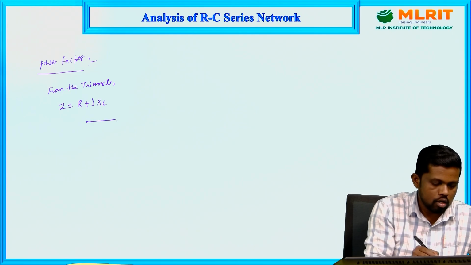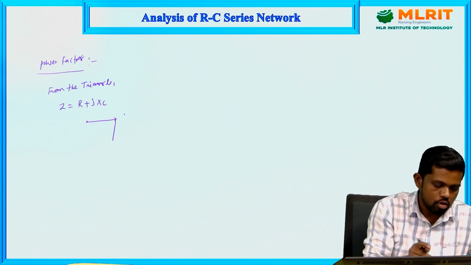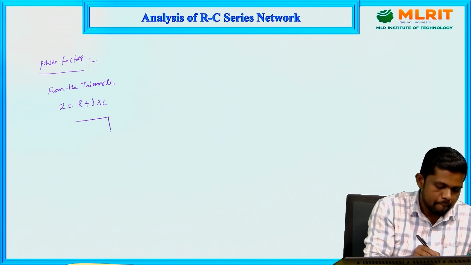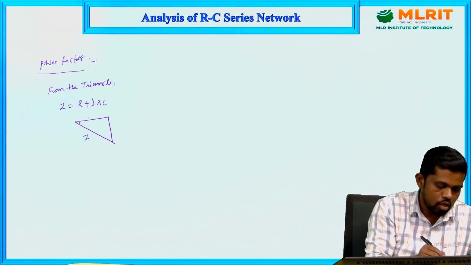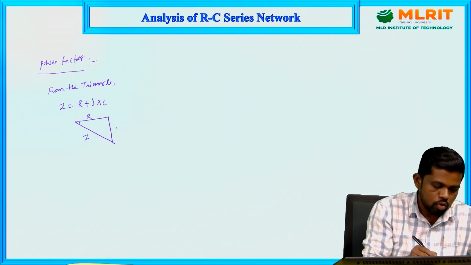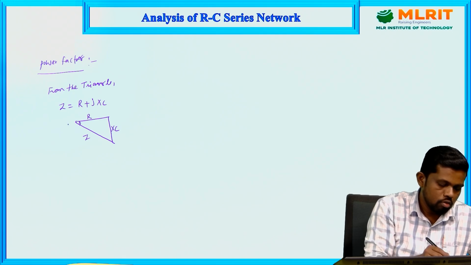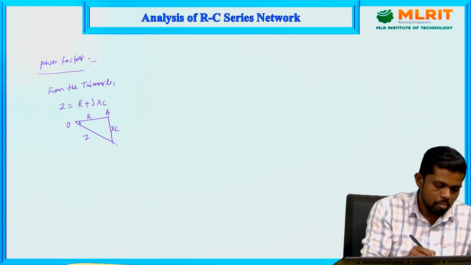We know that Z equals R plus jXC. So this is the impedance triangle of the RC series circuit. This is Z, this one is R, and this one is XC. So based on this, from the right angle triangle OAB.